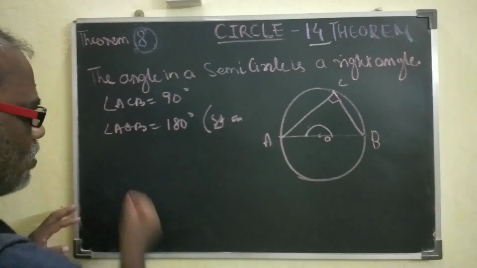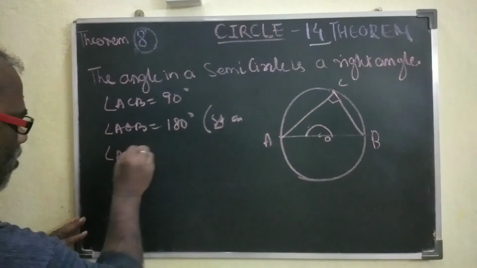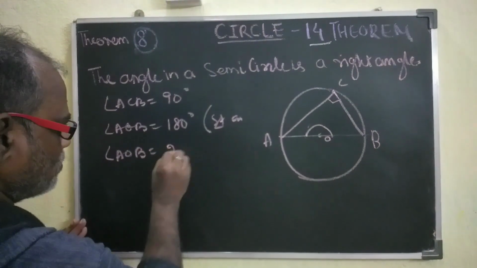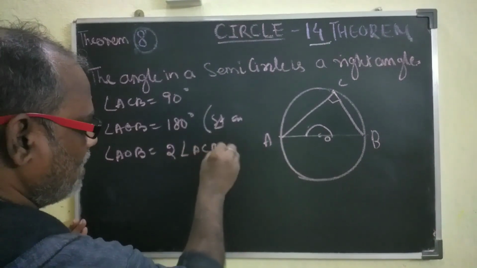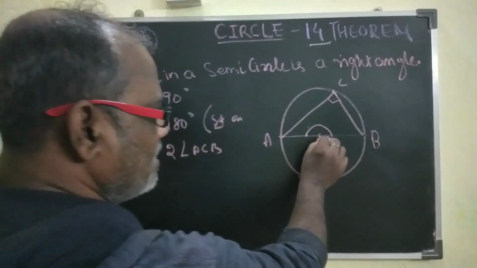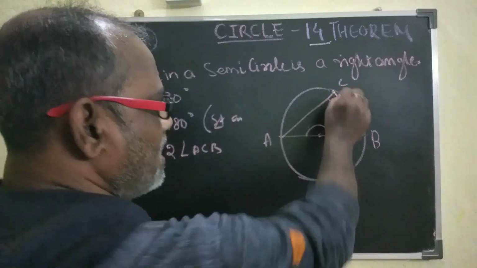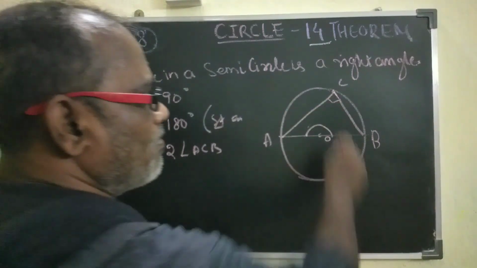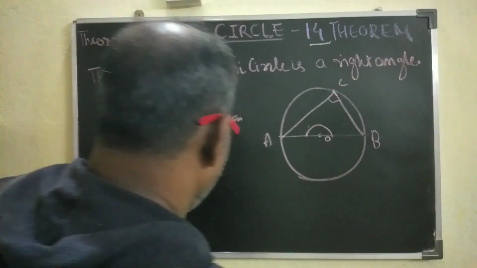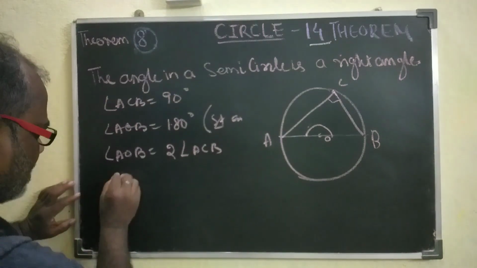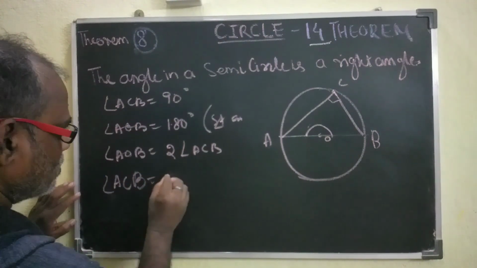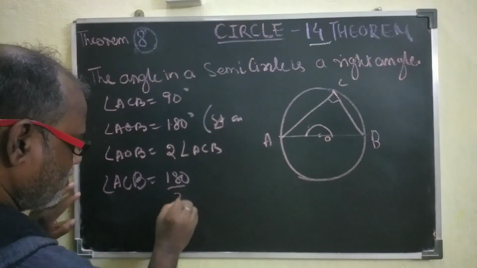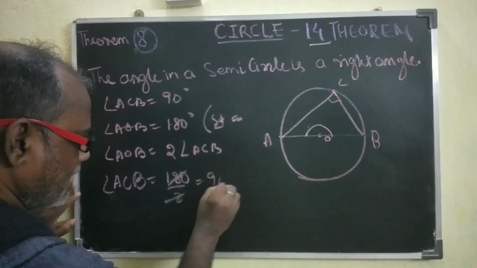And also we know that angle AOB equals twice of angle ACB. Angle subtended at the center is double the angle subtended at any point on the circumference. So from these two we get angle ACB equals 180 by 2, which equals 90 degrees.